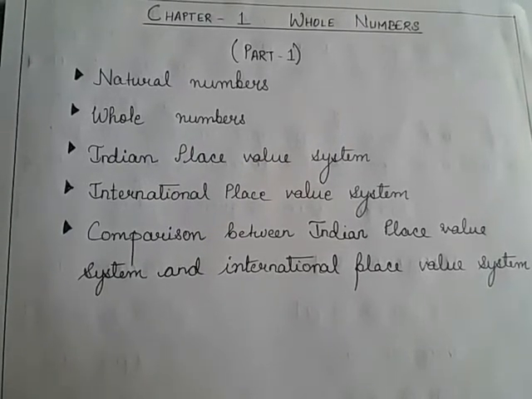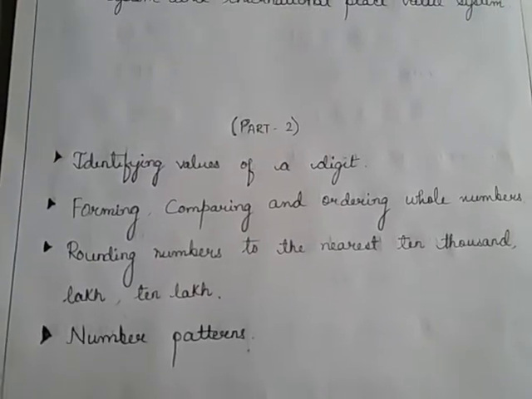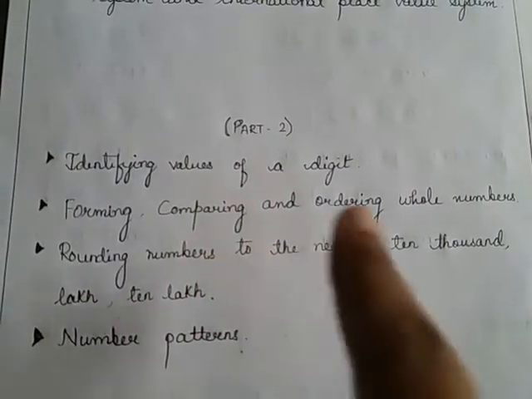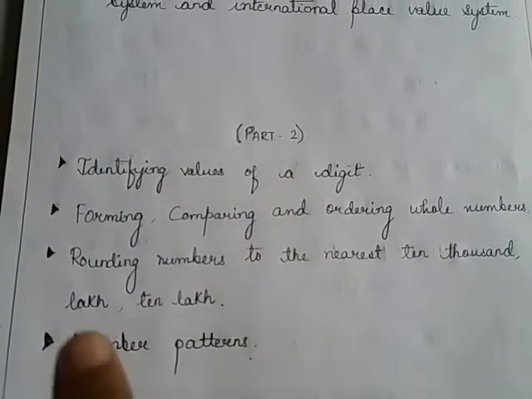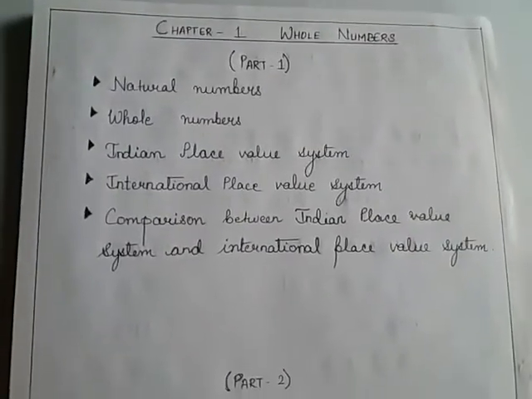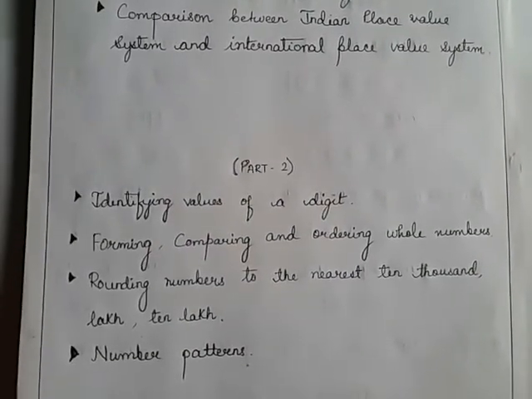Then we started part 2. Part 2 had these topics: identifying values of a digit, forming, comparing and ordering whole numbers, rounding numbers to the nearest 10,000, lakh and 10 lakh, and number patterns. These were the topics we studied in chapter 1, and with this we have finished our first chapter.